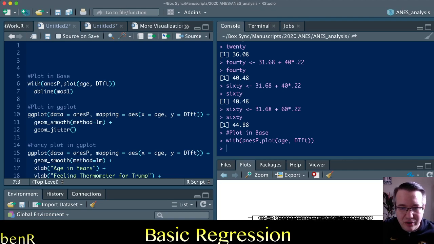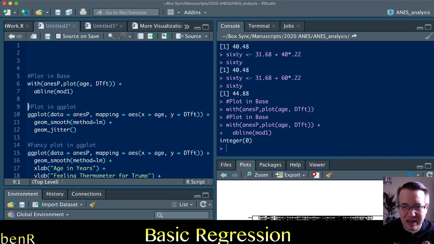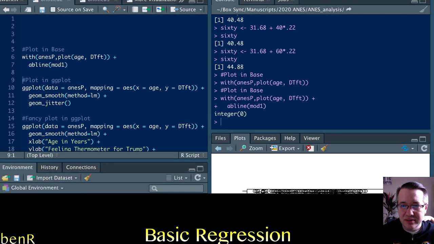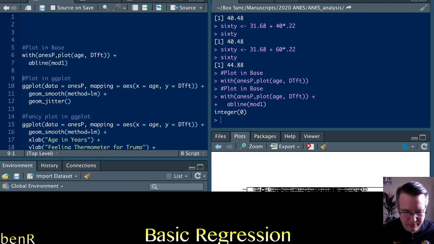Those are your various respondents here, and obviously it doesn't look great. If you add this plus sign, then it will give you that same plot, but it'll add the regression line. That doesn't look great. Let me change this so that you can see the plot better.